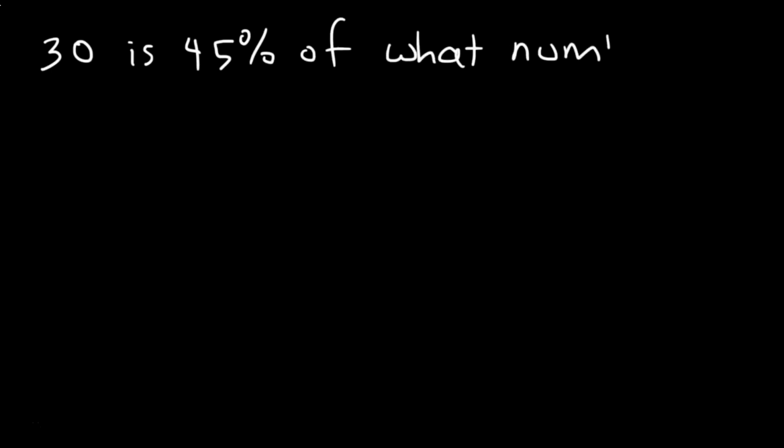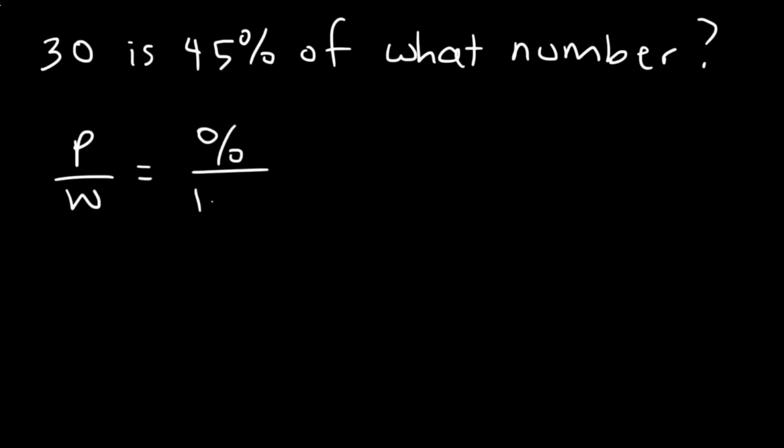So here's a problem that will illustrate this example. 30 is 45% of what number? So go ahead and pause the video, and you can try this if you want to. So let's start with the equation. Part divided by whole is equal to the percentage divided by 100. So in this problem, what is the part and what is the whole? 30 is the part.